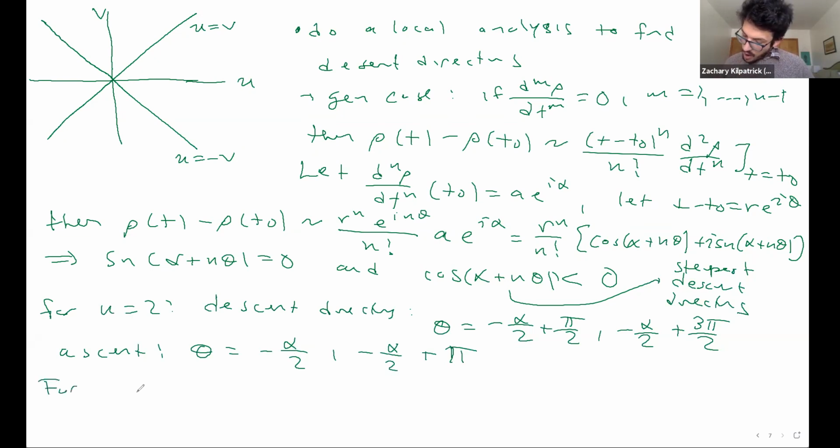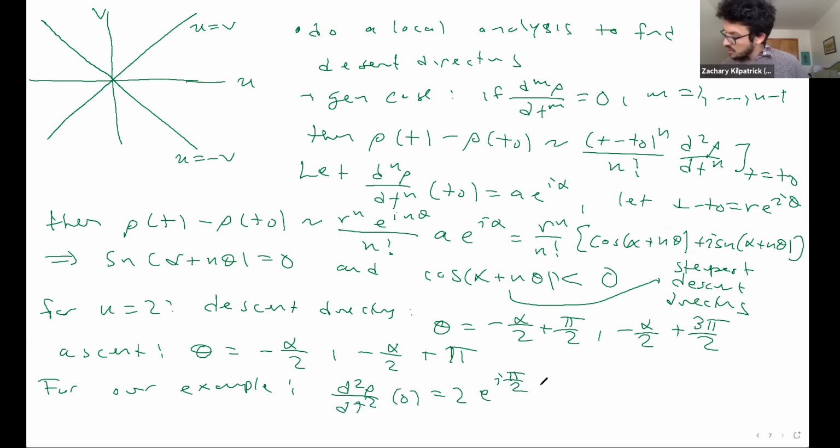Okay. So for our example, d2 rho dt squared of 0 is equal to 2e to the i pi over 2. So that means that our descent directions are going to be minus pi over 4 plus pi over 2, which is equal to pi over 4, and minus pi over 4 plus 3 pi over 2, which is going to be 5 pi over 4.